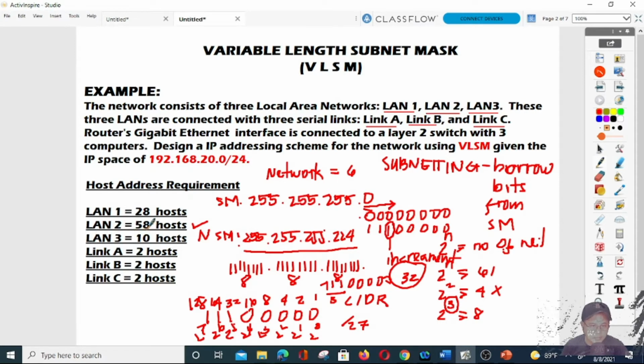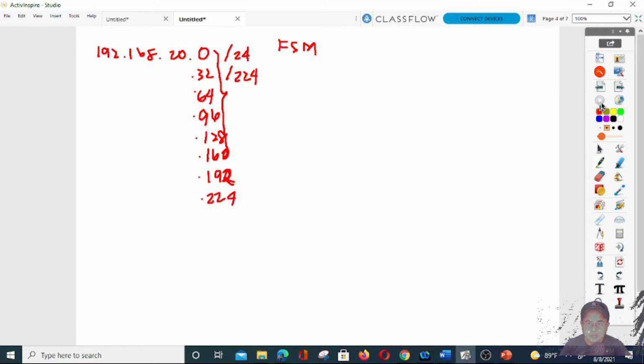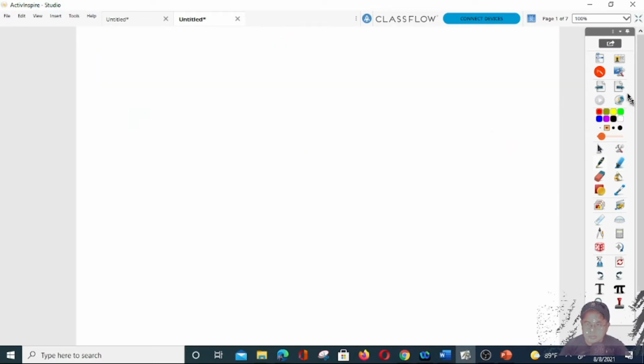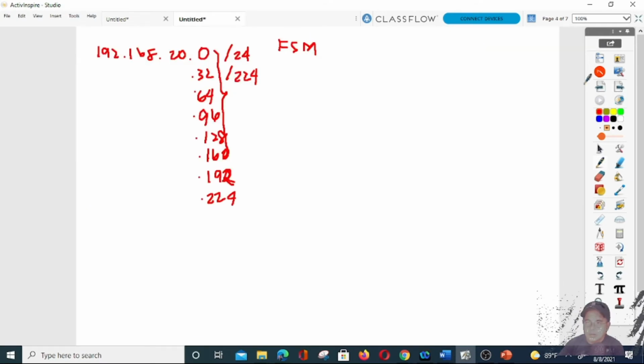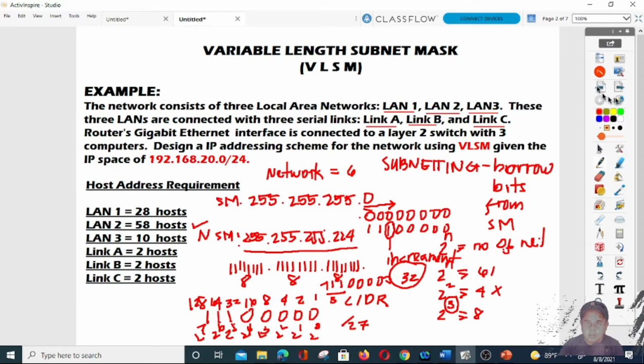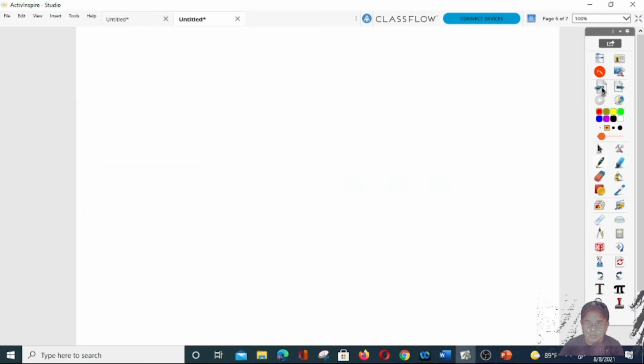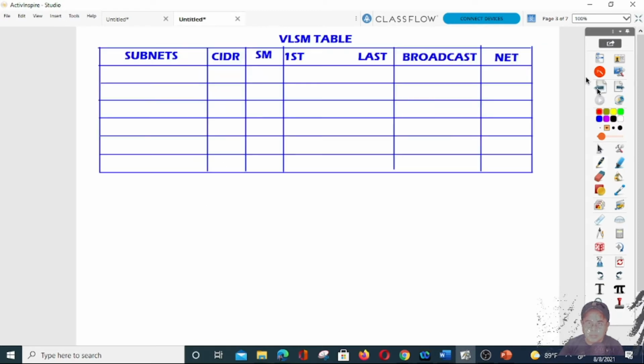In this case it is LAN 2, 58. So in applying VLSM, we should always start with the highest number of requirements, which in this case is 58.